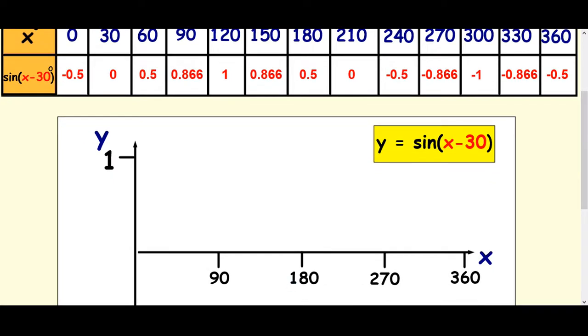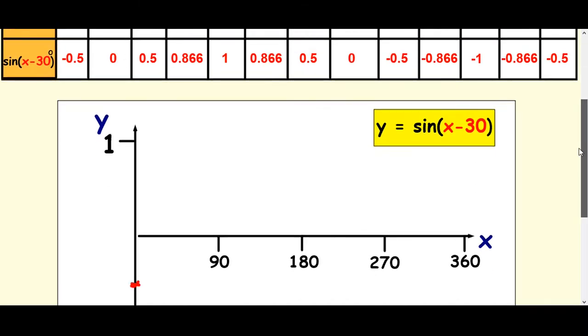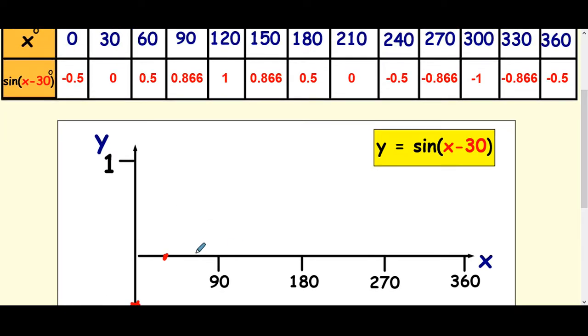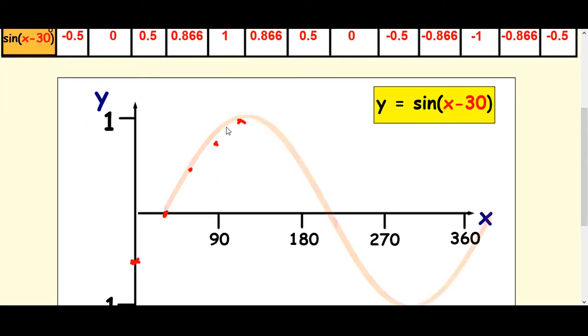If we're trying to plot this, for example, now 0 is negative 0.5, again roughly it's somewhere like there. 30 degrees is 0, so that would be maybe there. 60 degrees is 0.5 there, and 90 degrees is there, and the new peak is over here. Okay, so if we were to draw that, then roughly it should look like that.